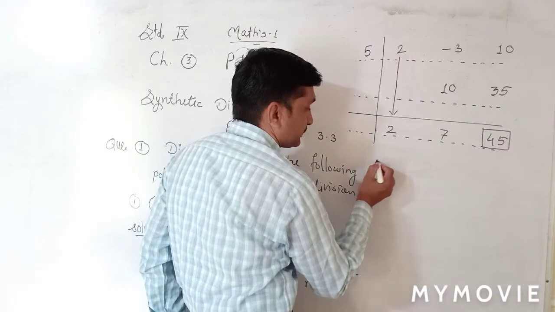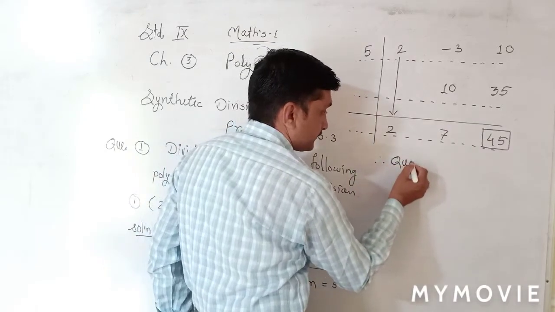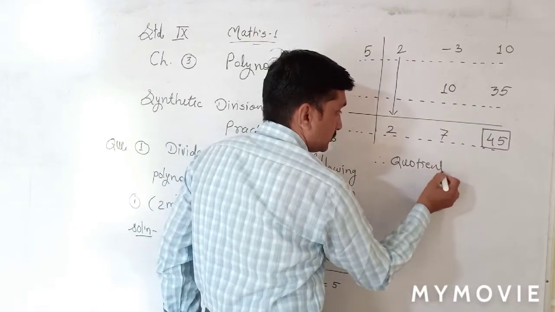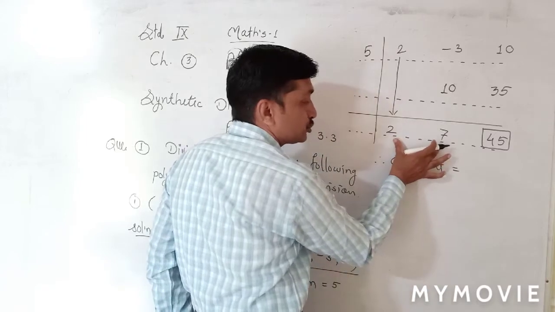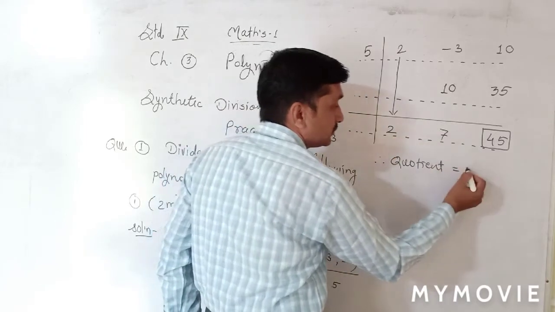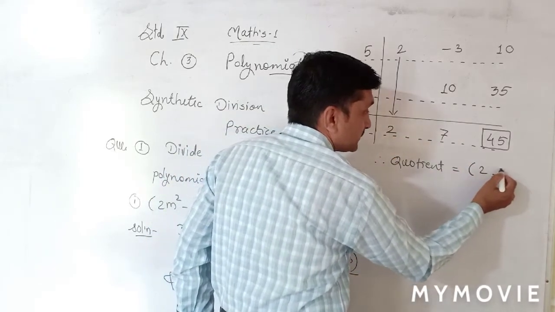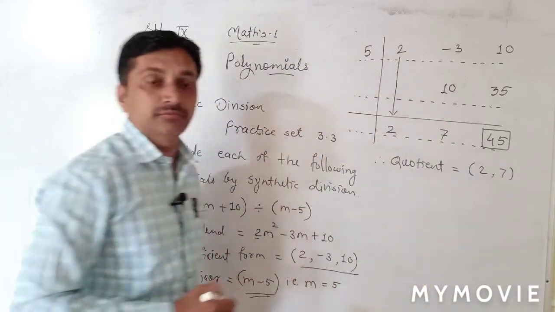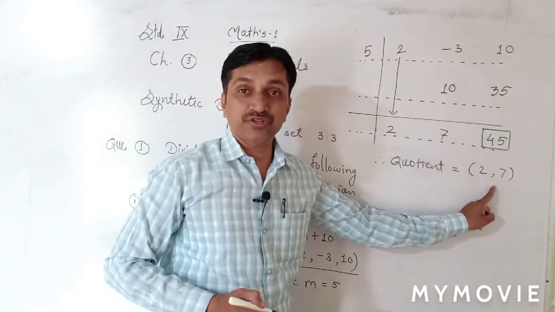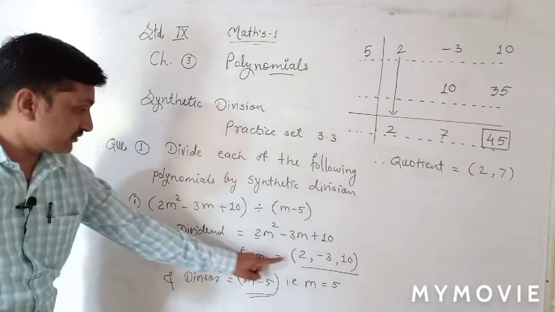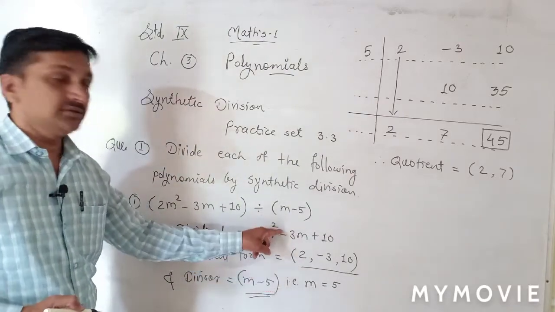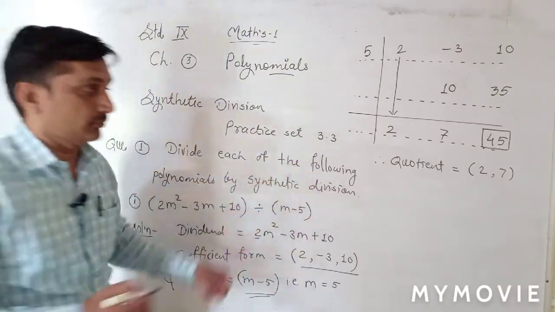Here 2 numbers are left. Therefore quotient is equal to, now these 2 coefficients are of the quotient: 2, 7 in coefficient form. 2 comma 7. This is coefficient form, and now we have to write it in standard form.